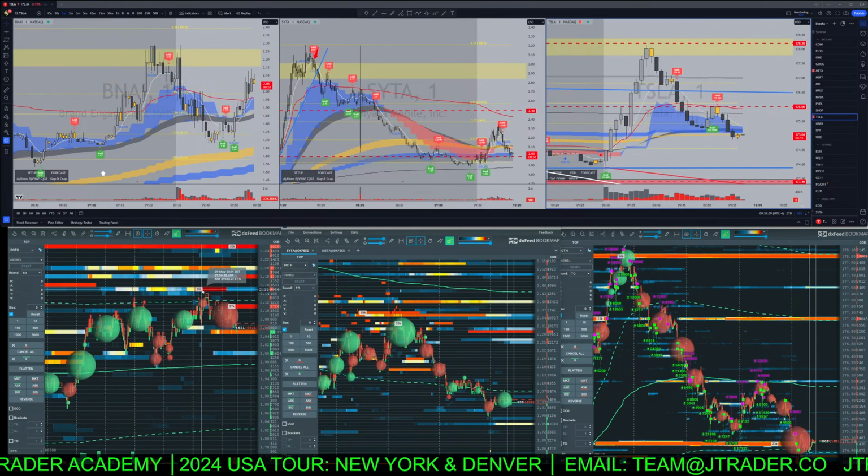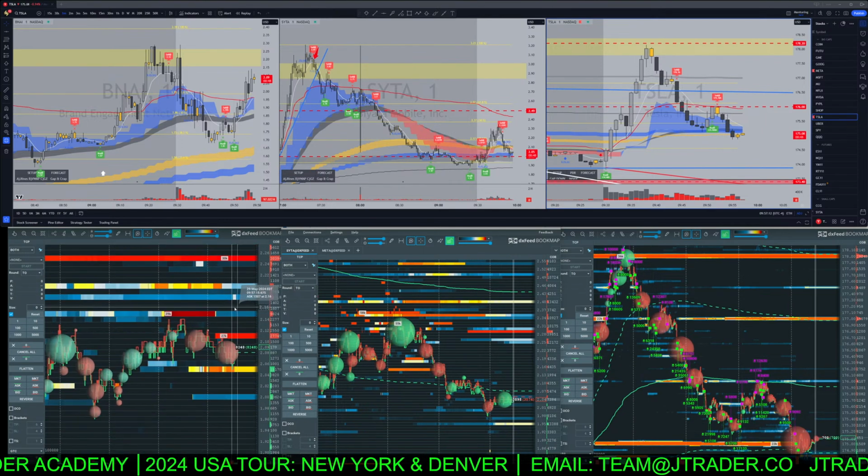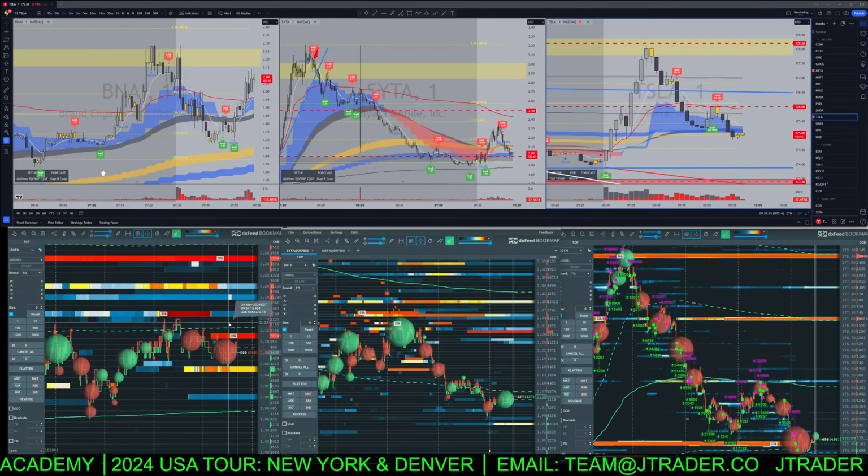So now we have a resistance at 215, more over here at 211. You can see we have two major sellers jumping in.